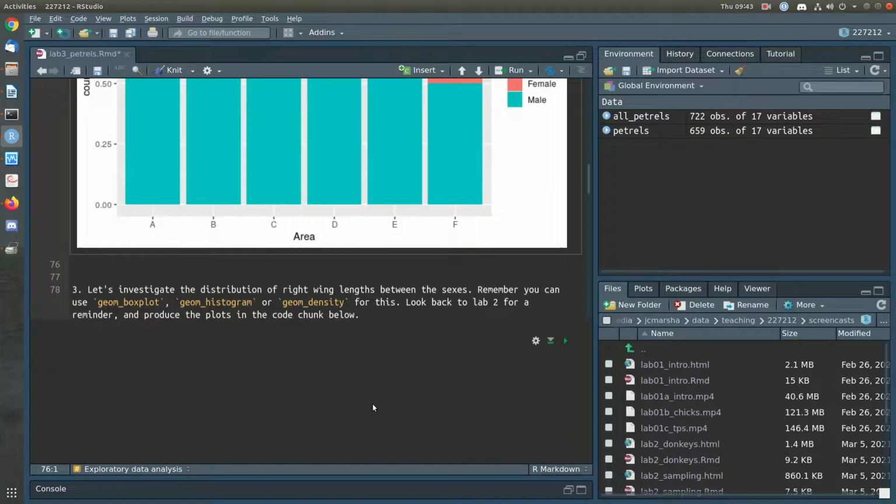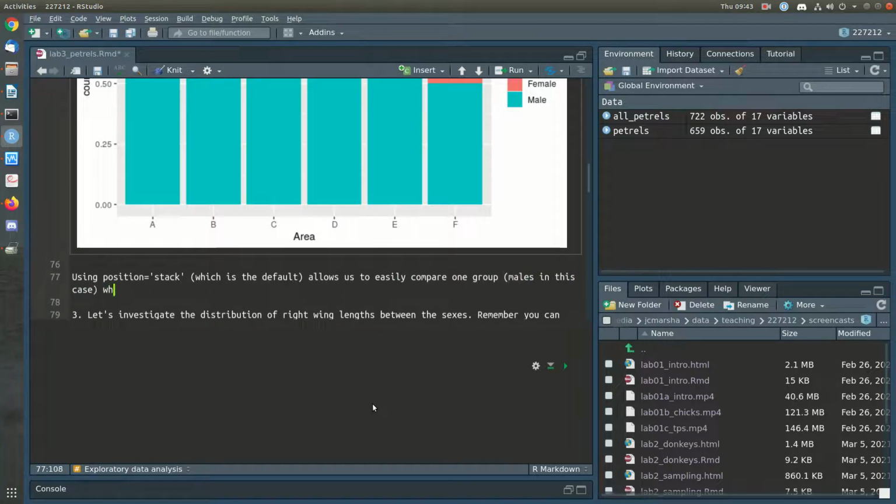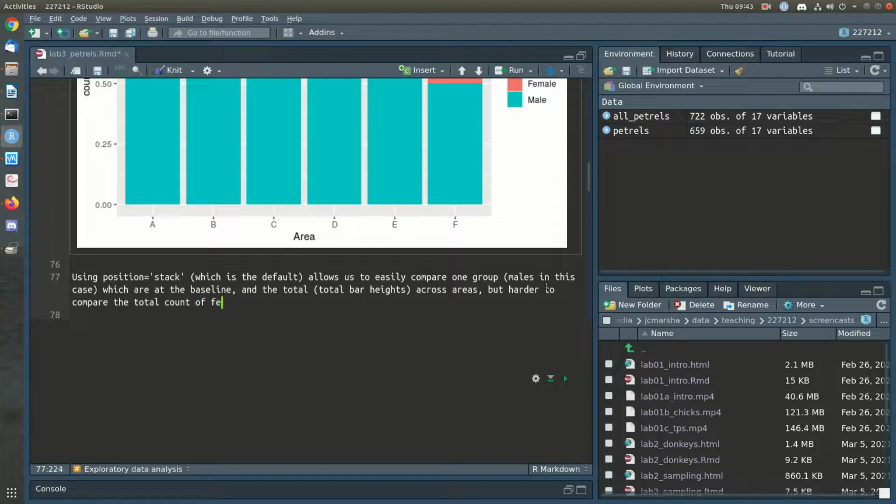Okay, so let's write a little bit about that. Stack, which is the default, allows us to easily compare one group, males in this case, which are at the baseline, and the total across groups, but hard to compare, or harder to compare the total count of females across areas as they start at a different baseline.